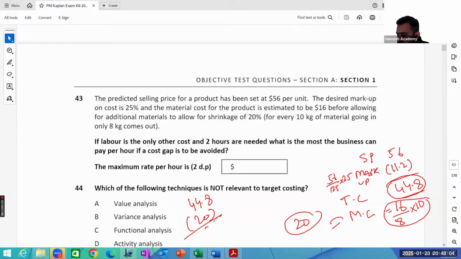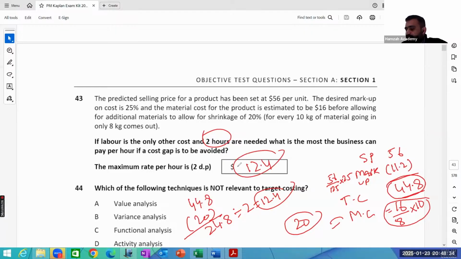The remaining cost which we can incur in order to avoid the cost gap is 24.8. In the question it is told that labor is the only factor and each unit requires 2 hours. So what rate should we pay per hour to avoid the cost gap? Divided by 2, 24.8, the answer will be $12.4. So you should pay $12.4 to avoid the cost gap.